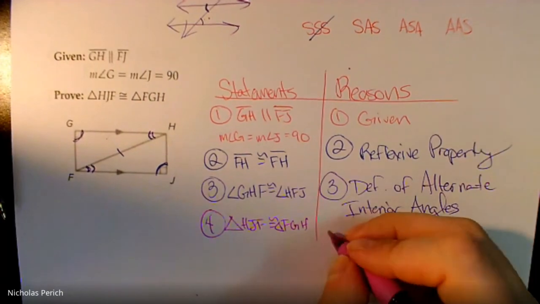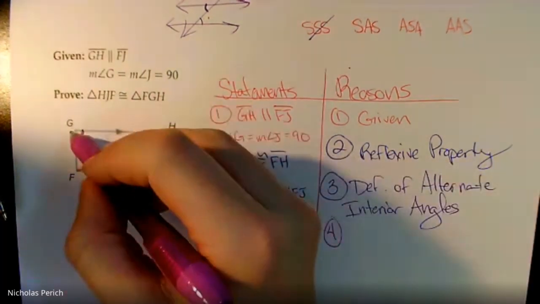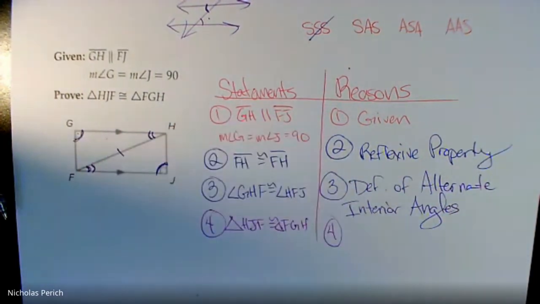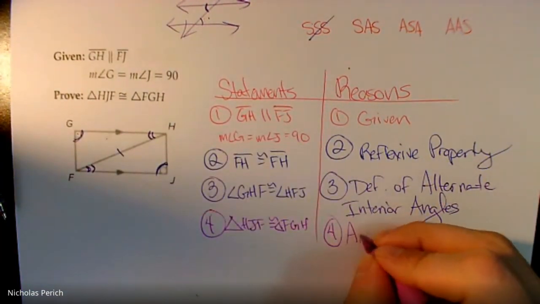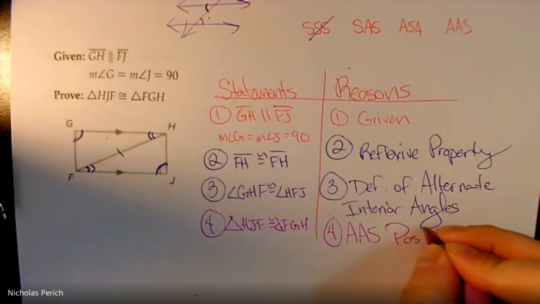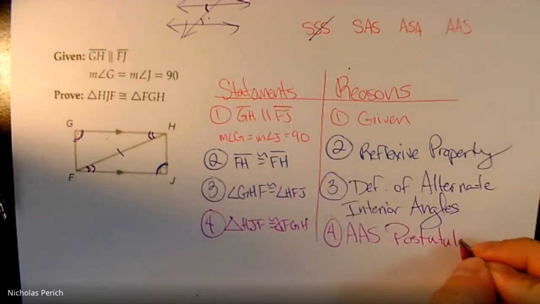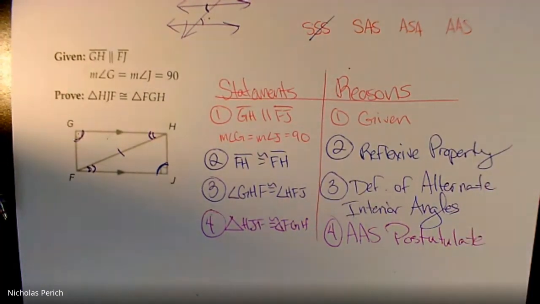And the reason it's AAS is because these 2 angles and that side does not live in between the 2 angles. I understand maybe those little black triangles are throwing people off. But that just means they're parallel, not that they're the same. I mean, they are the same because they're parallel, they're congruent triangles.